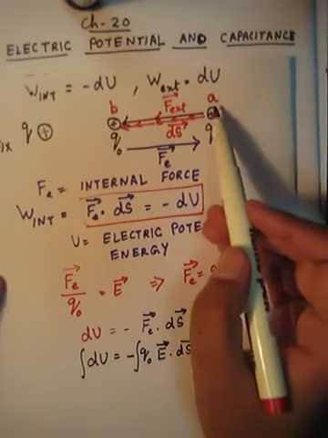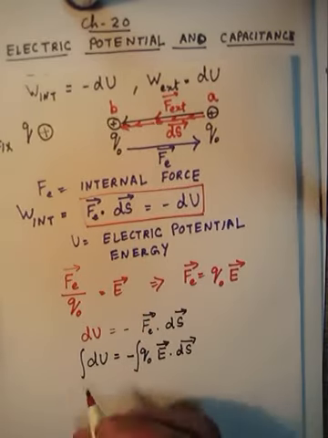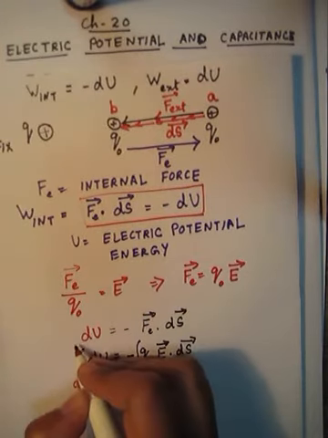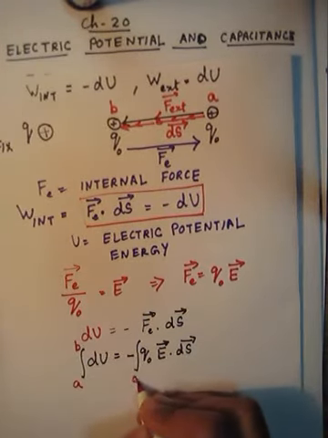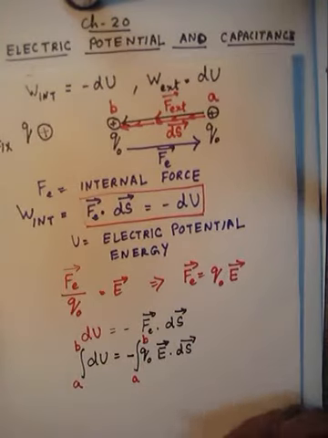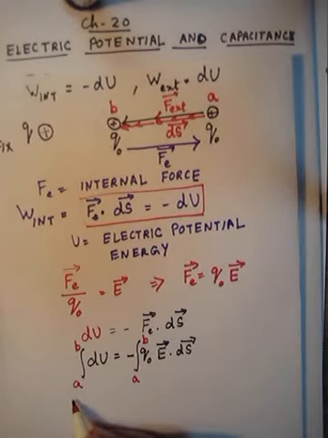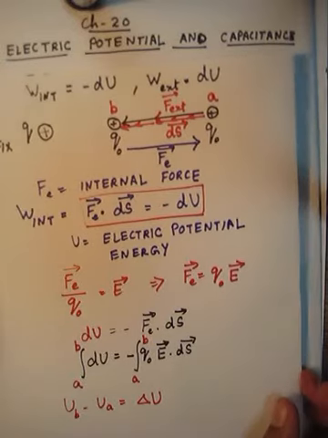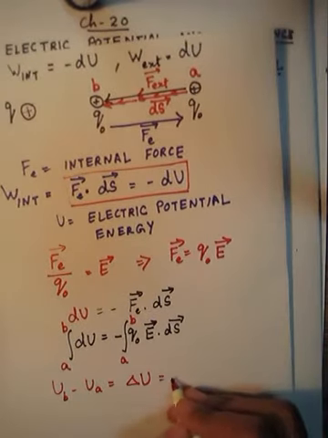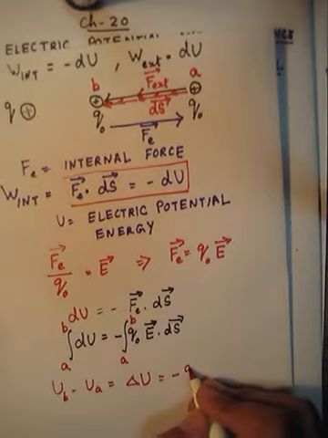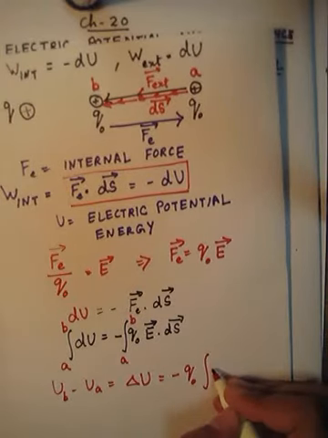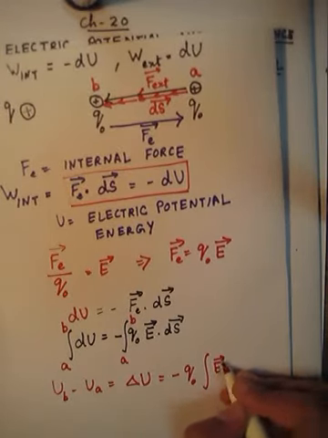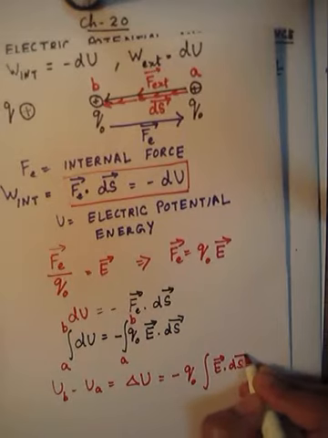Now we are moving from point A to point B, so this integral will be from A to B. So from here we'll get UB minus UA, which is the change in potential energy, equal to, and since charge is a constant, we can take it outside, q naught integral of E vector dot ds vector.